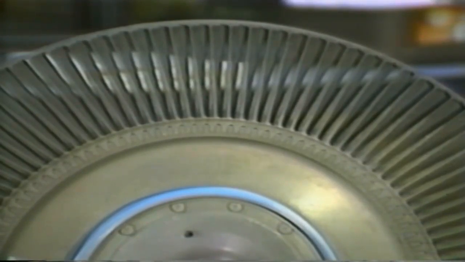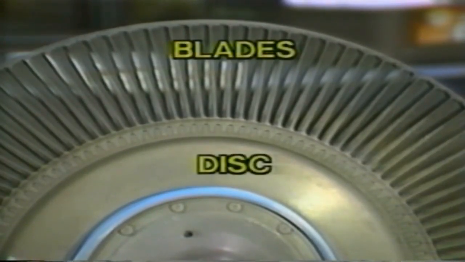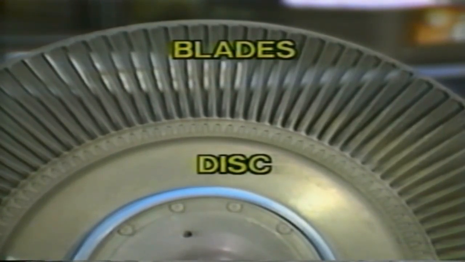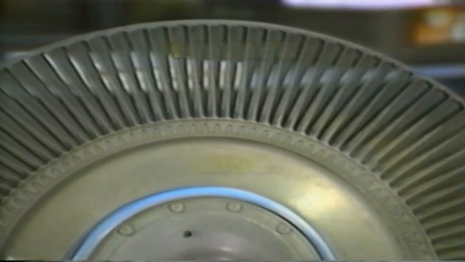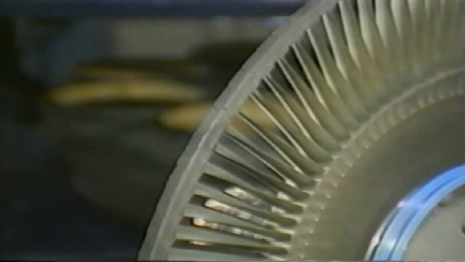Each rotor stage, or turbine wheel, as they are sometimes called, is made up of a disc and blades, much like we found in the compressor. The unusual shape of the blades, especially the great curvature, is designed to convert the energy of the gas flow into rotational power.